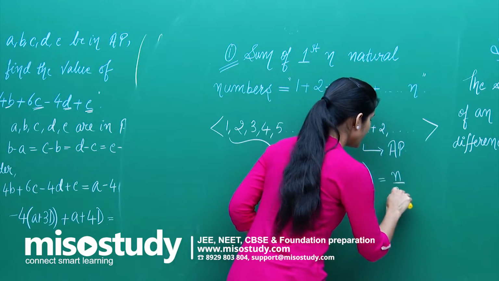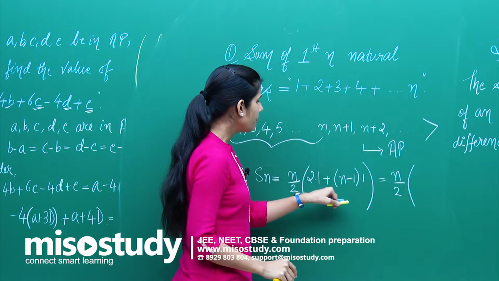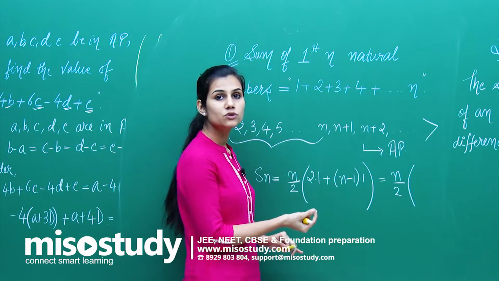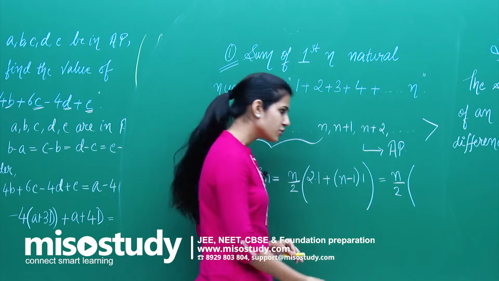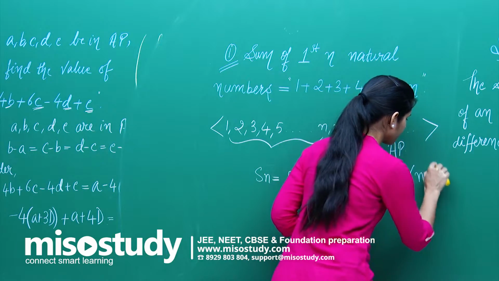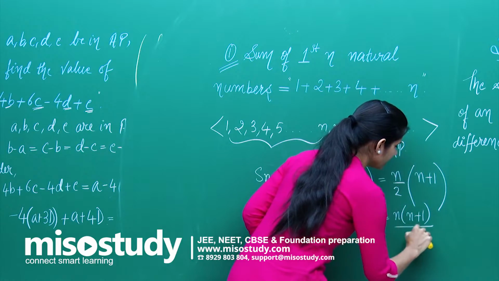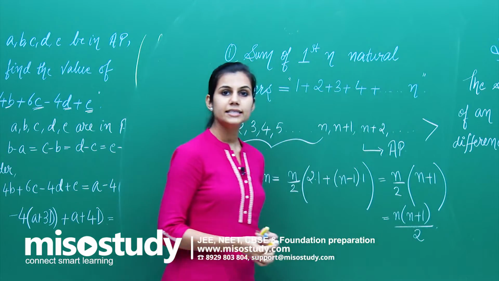Let's see, n by 2 into 2 plus n minus 1. So 2 plus n minus 1 gives you what? 2 minus 1 is 1, so you get n plus 1. So this gives you n into n plus 1 by 2.